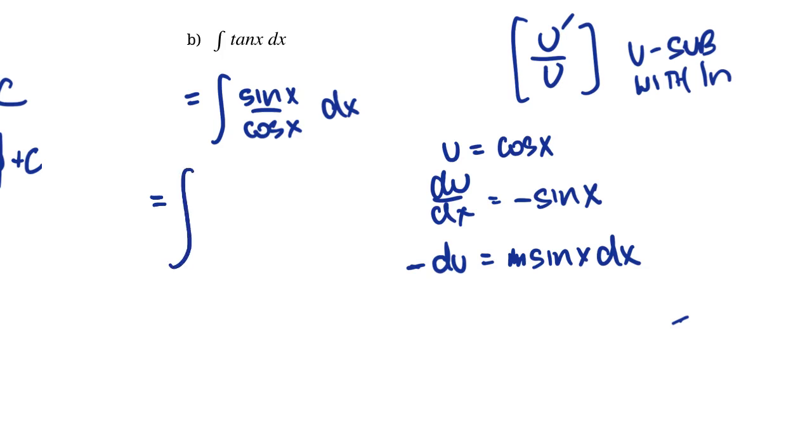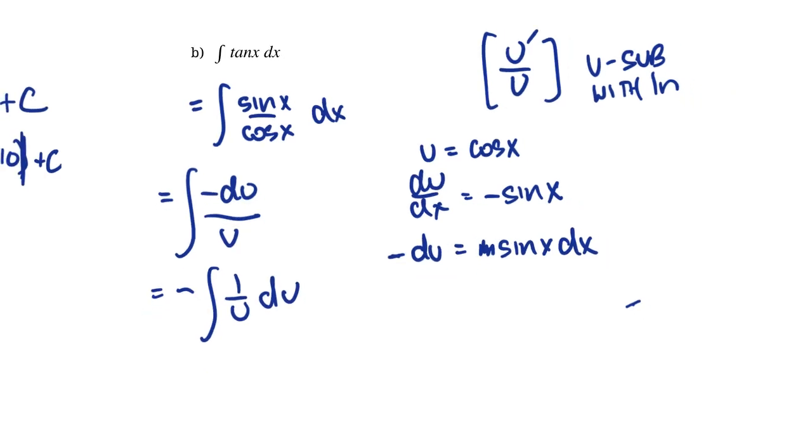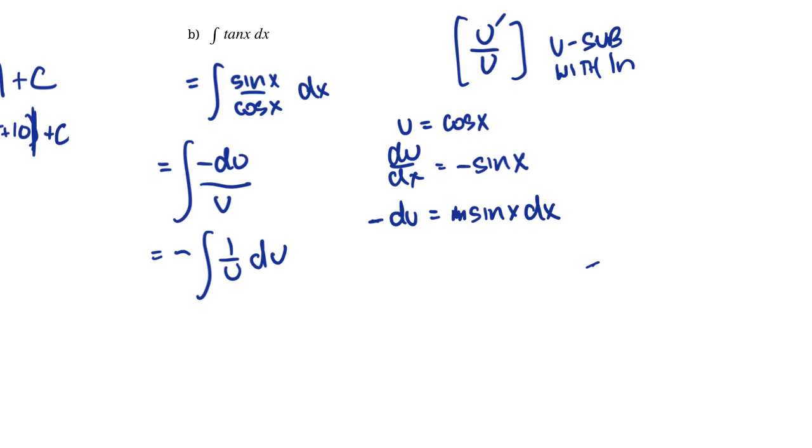So let's do that. Negative du over, and then the cos x, the substitution was u, right? Simplifying this a little bit, we'll bring the negative outside the integral, 1 over u du. There we go. We've taken the integral of this already multiple times, right? So this is just going to equal negative ln absolute value of u plus c.